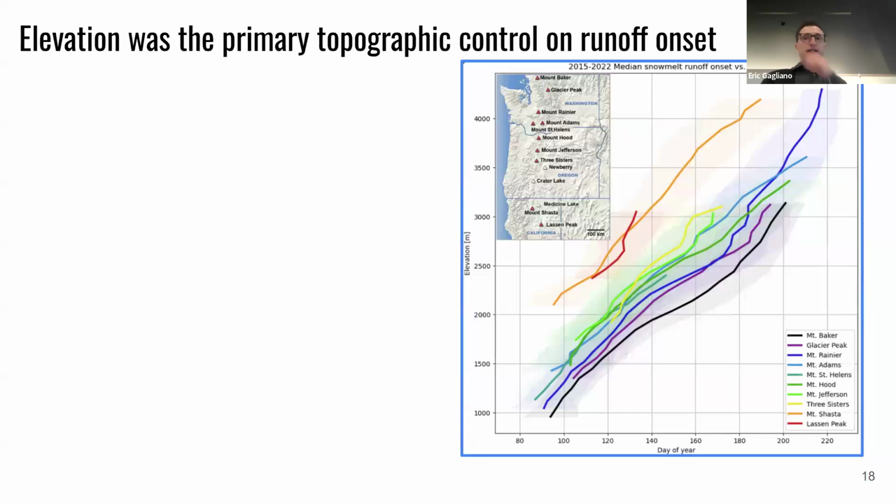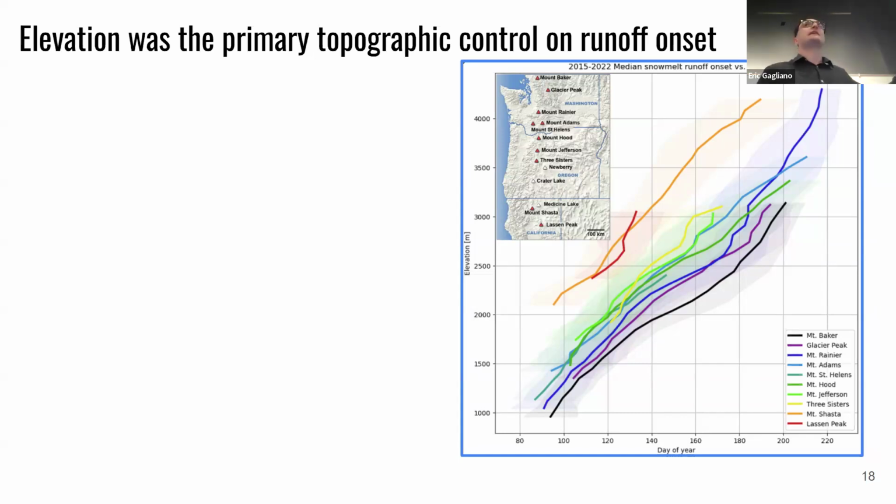So we took the median map for all 10 of these stratovolcanoes that we sampled, and you can actually see in this inset where each of these is located. This plot is showing elevation on the y-axis and day of year on the x-axis. Each curve represents one of the stratovolcanoes, and you can see that as we go up in elevation, the melt happens later in the year.